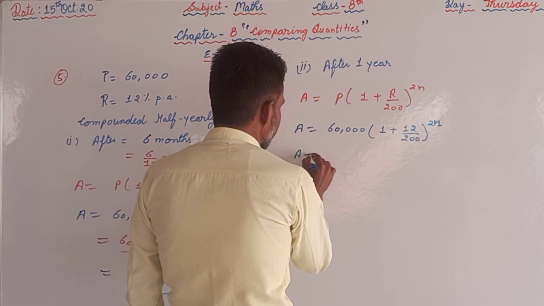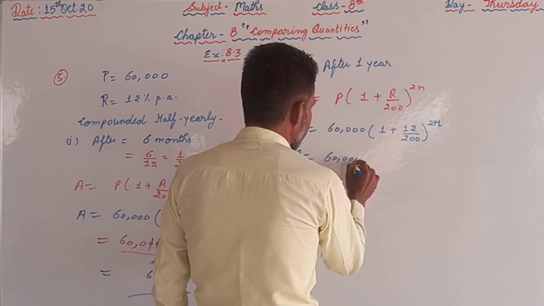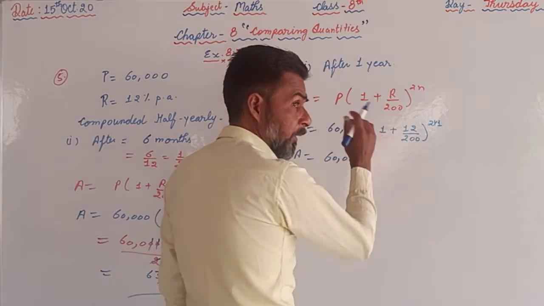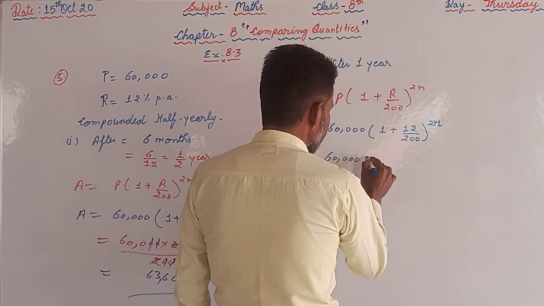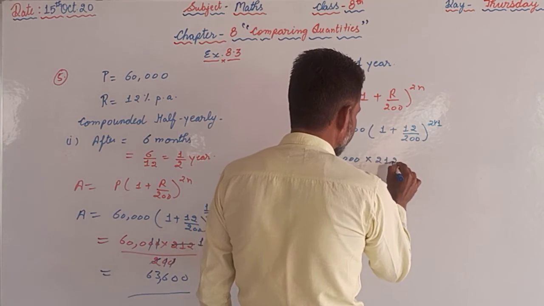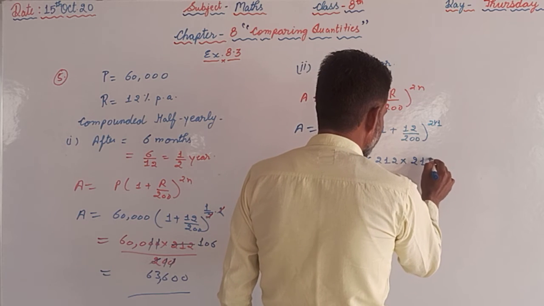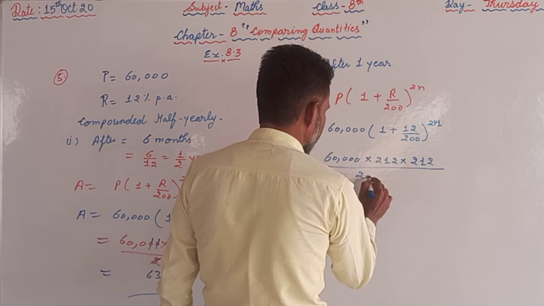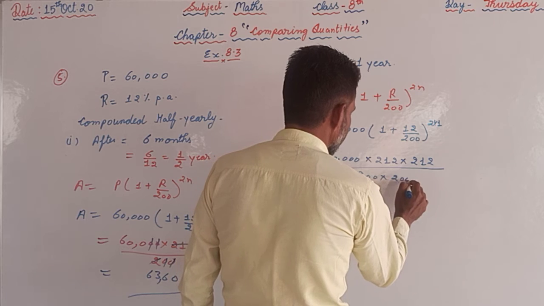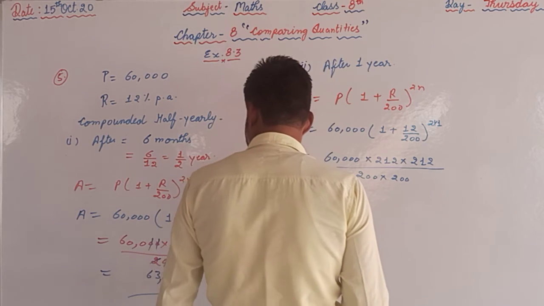So the amount will be 60,000, and if the power is 2, then that will be repeated 2 times: 200 plus 12, 212 into 212 upon 200 into 200.